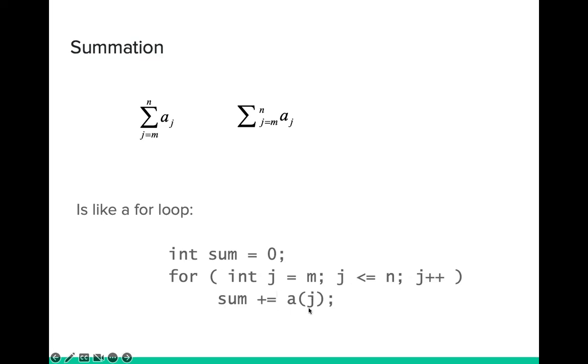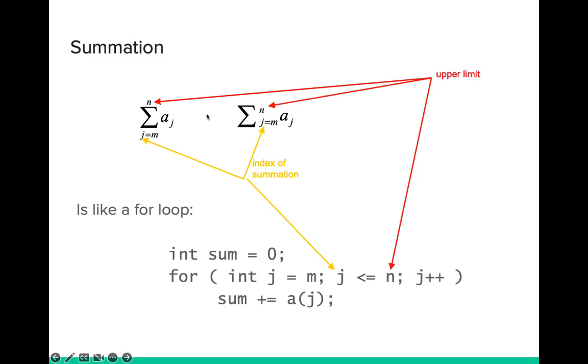Then we will keep on summing up all the values, all the terms in the sequence. And we keep on incrementing j plus plus until such time that j reaches n. So j again is the index of the summation, and n is the upper limit.